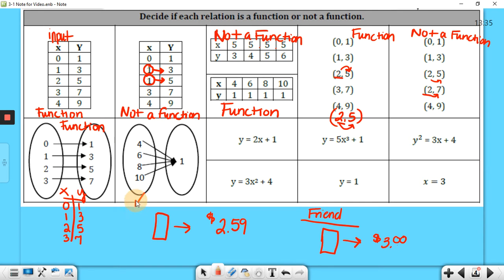If you put this mapping in a t-table, notice that 4 points to 1, 6 points to 1, 8 points to 1, and 10 points to 1. We still have all unique x's, so this is a function.